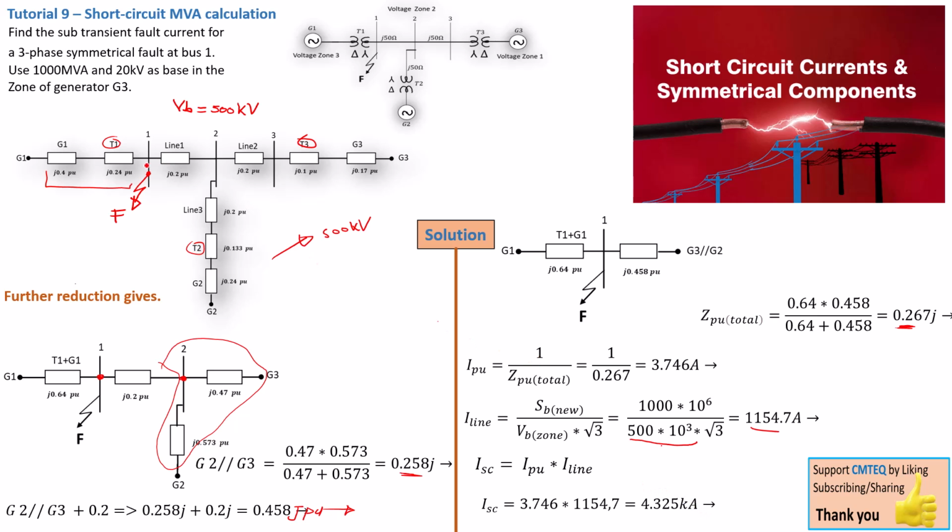Now if you want to practice yourself, try moving this fault from bus 1 and place it anywhere. You can place the fault at this point here and name it F2, or you can place it anywhere else. Let's say you place a fault right here, and you can name this F3.